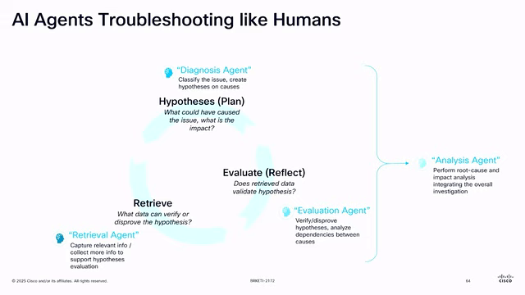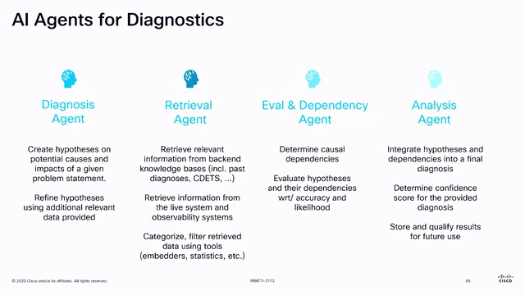So I also need to look into dependencies. So I have my diagnostic agent, I have a retrieval agent, and that retrieval agent will not only consider information from the systems, logs and live information, but also information that we have in our backend databases, like knowledge bases, bug databases, and the likes. Then we'll evaluate that, and later on we bring it home by summarizing.